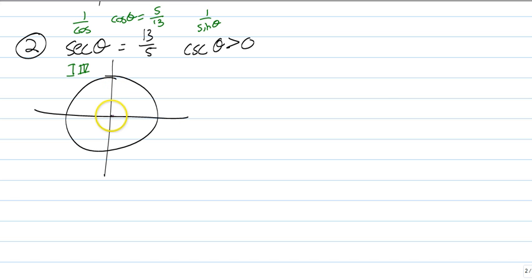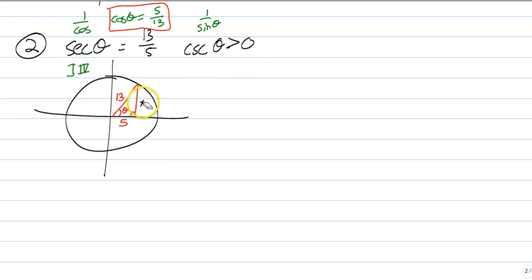So I'm going to draw a triangle here. And I know the cosine, so it's important to get secant back to cosine, the original one, so you can work with it. It's easier to see. Cosine is 5/13. So 5 for x, 13 for the radius, or the hypotenuse. We have to do a Pythagorean theorem to find our y.